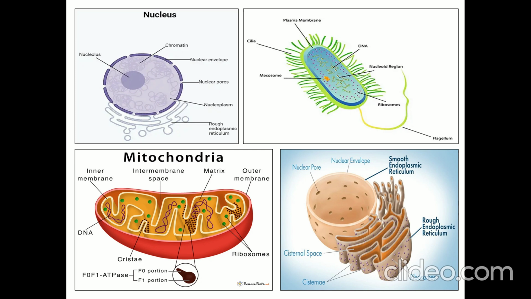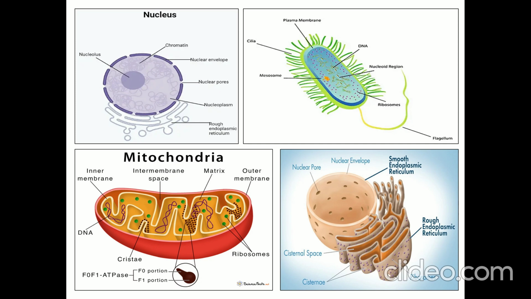Rough endoplasmic reticulum consists of RNA-containing granules called ribosomes. If the ribosomes are present, it is called rough endoplasmic reticulum. If the endoplasmic reticulum lacks ribosomes, it is called smooth endoplasmic reticulum.